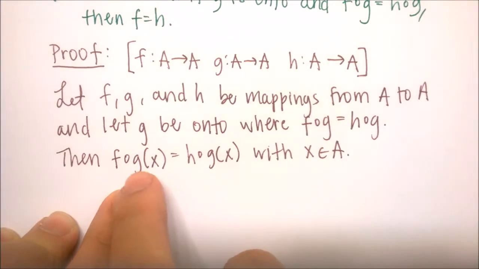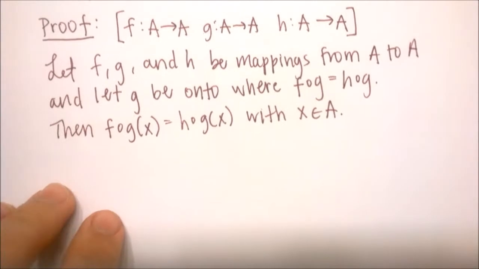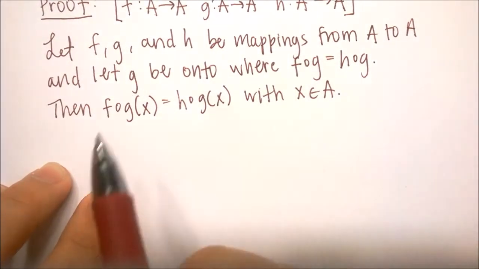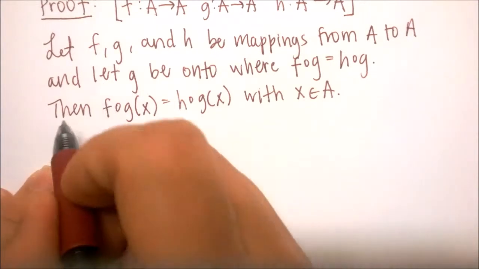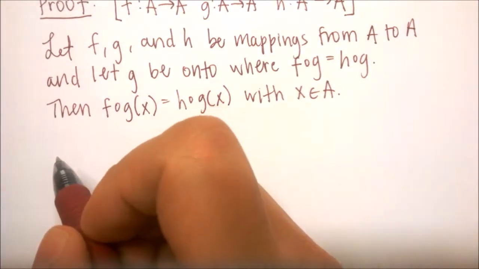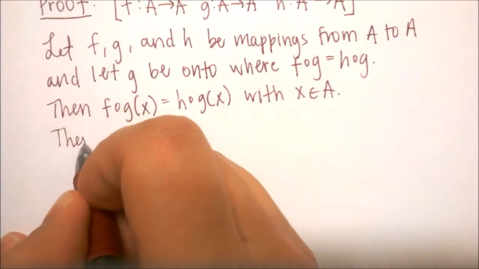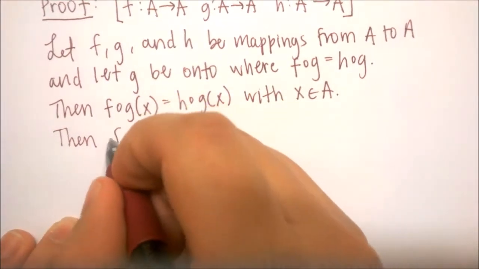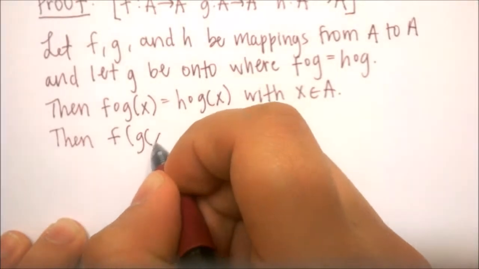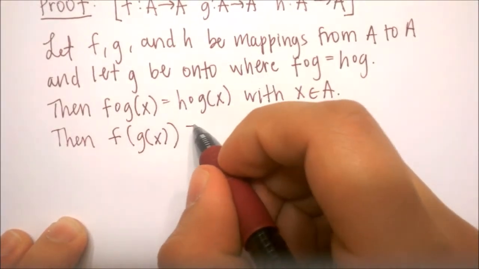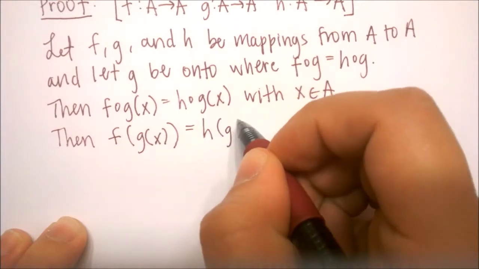All right. Now we want to rewrite this as a composition. This is written as a composition, but let's write it in a way that we can take the next step a little easier. So let's write then F of G of X, so this is just another way to write that, equals H of G of X.